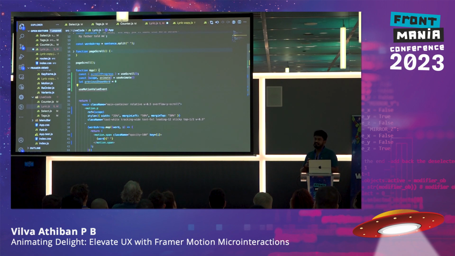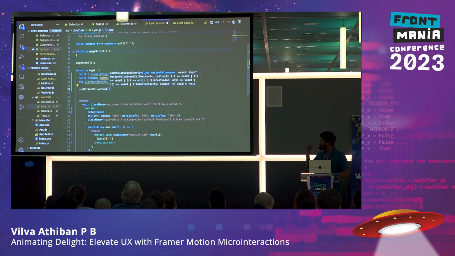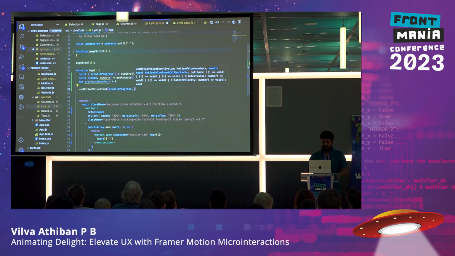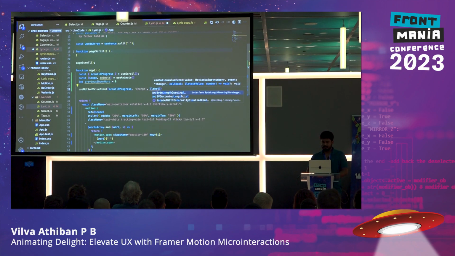We saw earlier that motion values are the driving forces of Framer, right? So whenever there is a motion value that changes, useMotionValueEvent gets executed. And what value we need to look out for? We need to look out for scrollYProgress. And on the value, what should happen? A change should happen. Whenever that value changes, this callback will get executed.